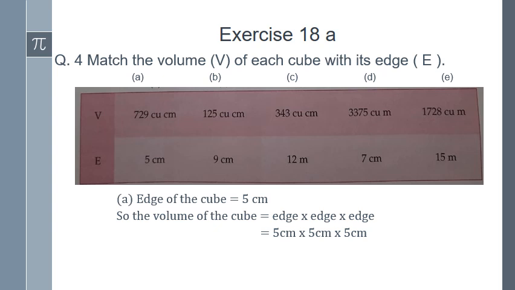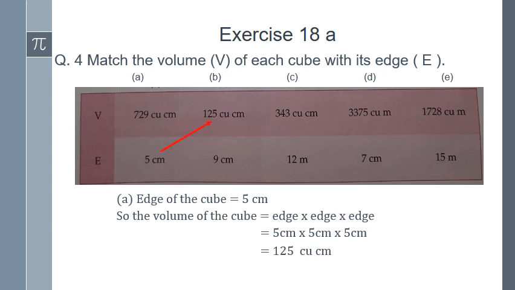So, which is equal to 5 centimeter multiplied by 5 centimeter multiplied by 5 centimeter, which is equal to 125 cubic centimeter. So now we are going to match the edge 5 centimeter written in part A with the volume 125 cubic centimeter written under part B in the volume section.